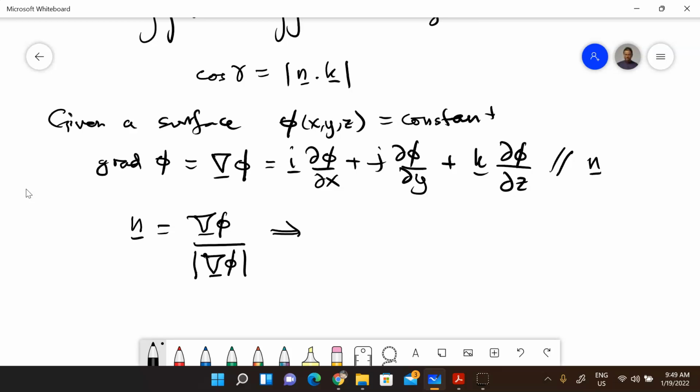So then you have your n dot k, which is equal to magnitude of n times magnitude of k times cos gamma, where this is magnitude 1, this is also magnitude 1, and cos gamma.